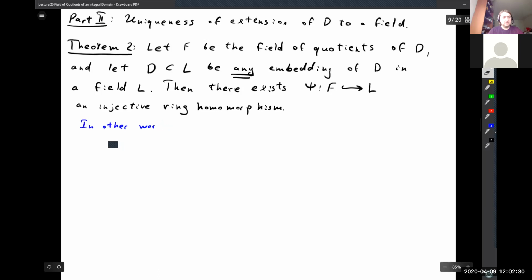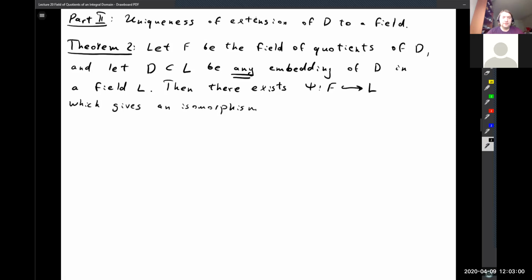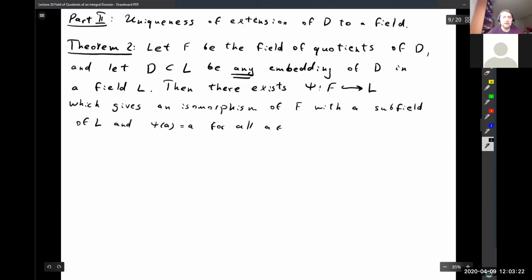Sorry about that. And then there is this psi from F to L, which gives an isomorphism of F with a subfield of L, and phi of A equals A for all A in D.